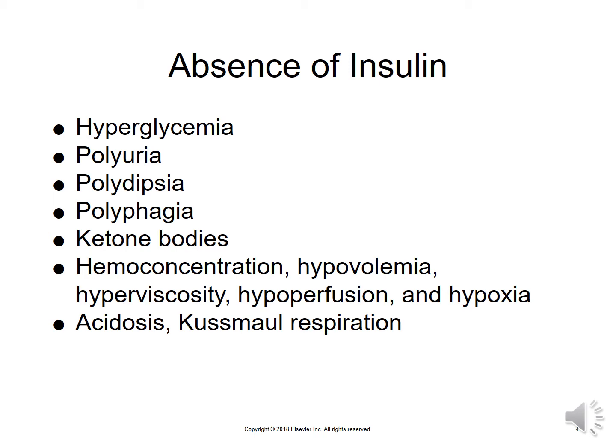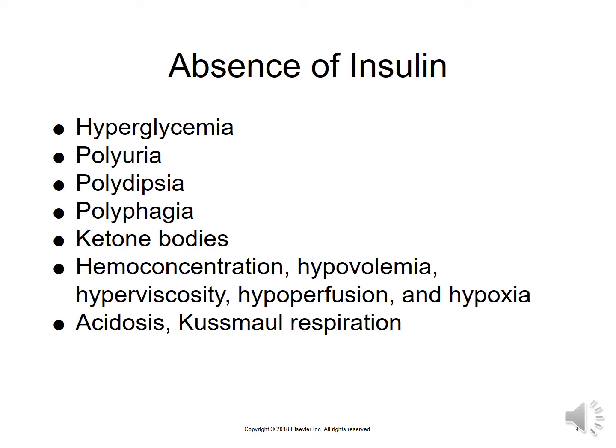Excess acids caused by the absence of insulin increase hydrogen ion and carbon dioxide production, and this causes what we call an anion gap metabolic acidosis. So you'll see metabolic acidosis on the patient's ABGs, and that means their pH will be below 7.35.